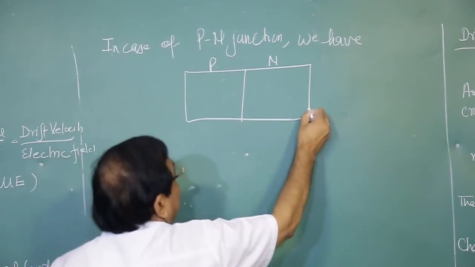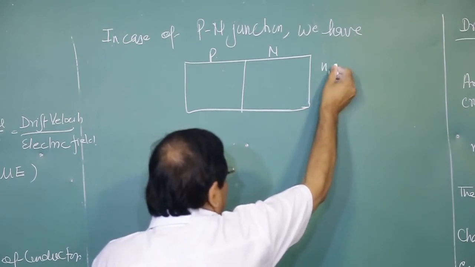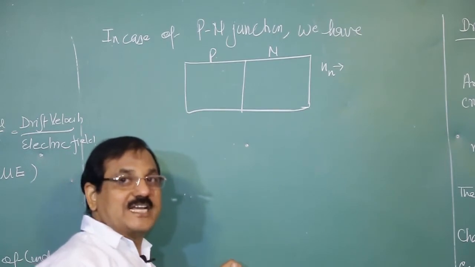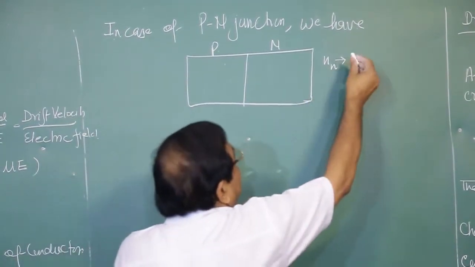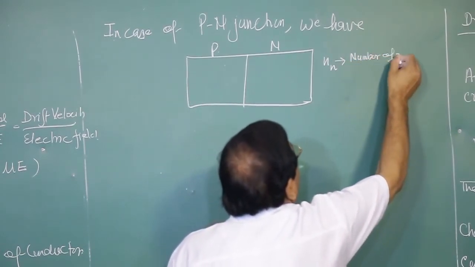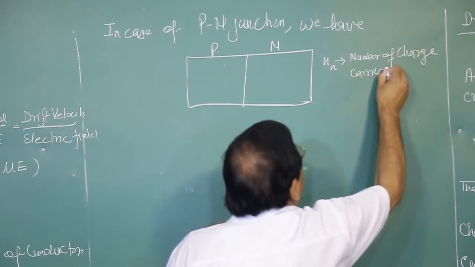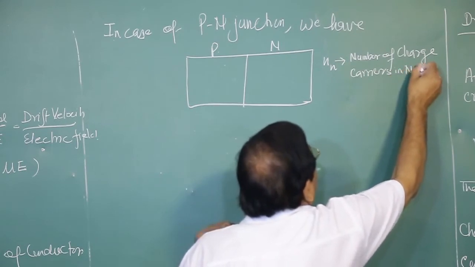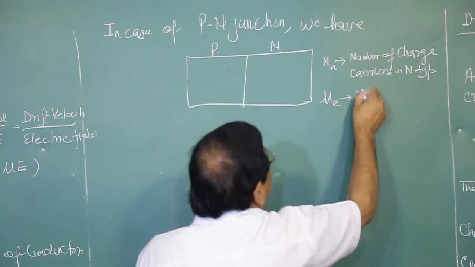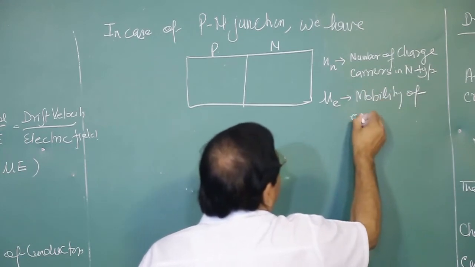So in case of p-n junction, n suffix n is the number of charge carriers in n type, and mu e is the mobility of electron.